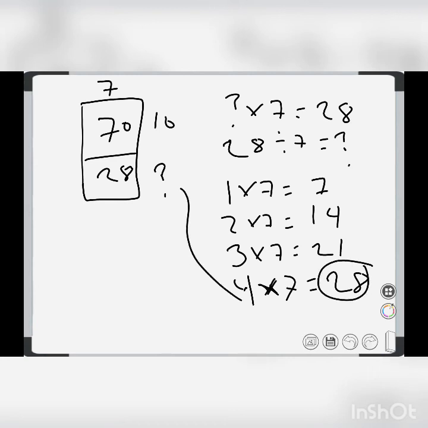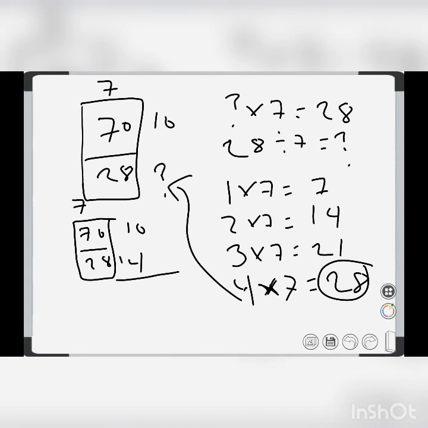So this 4 is the number here, because there's 4 groups of 7 that make 28. So I now have my rectangle with a 70 here, 28 here, 7 here. And I knew 10 sevens took to make 70, and I knew 4 sevens it took to make 28.